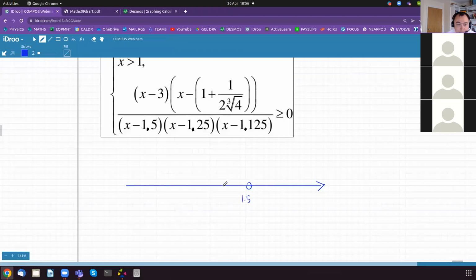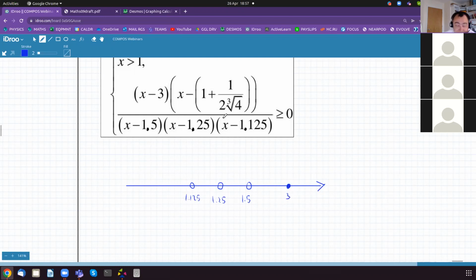1.5, 1.25, 1.25, and 1.125. 1.125. And then 3, including 3.